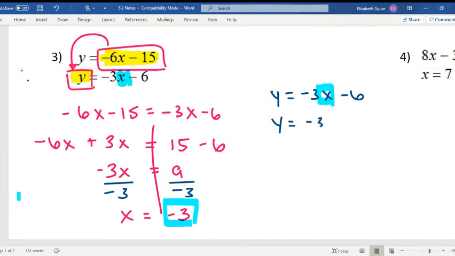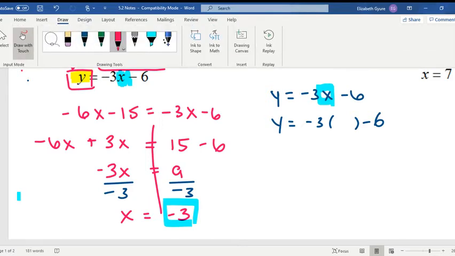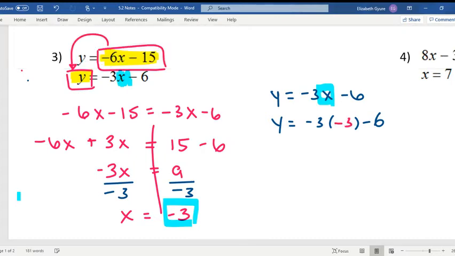Y equals negative 3, parentheses, minus 6. What number am I going to put in the parentheses? What does x equal? Negative 3. Corey, are you writing this down? Okay.